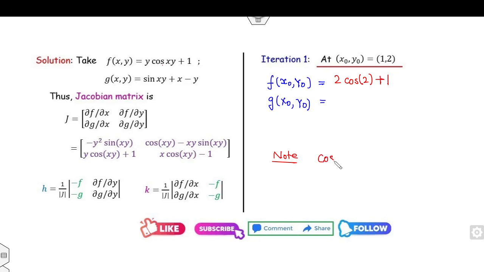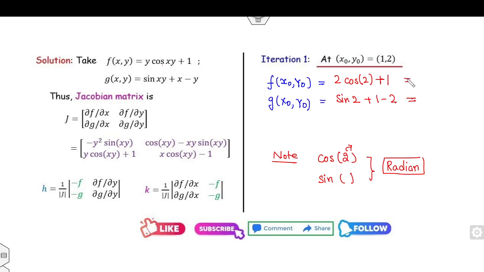Whenever you are trying to calculate the value of the cos or the sine, always set your calculator in terms of radian. Because this value 2 is in radian, you can calculate the value of the cos and the sine in terms of radian.